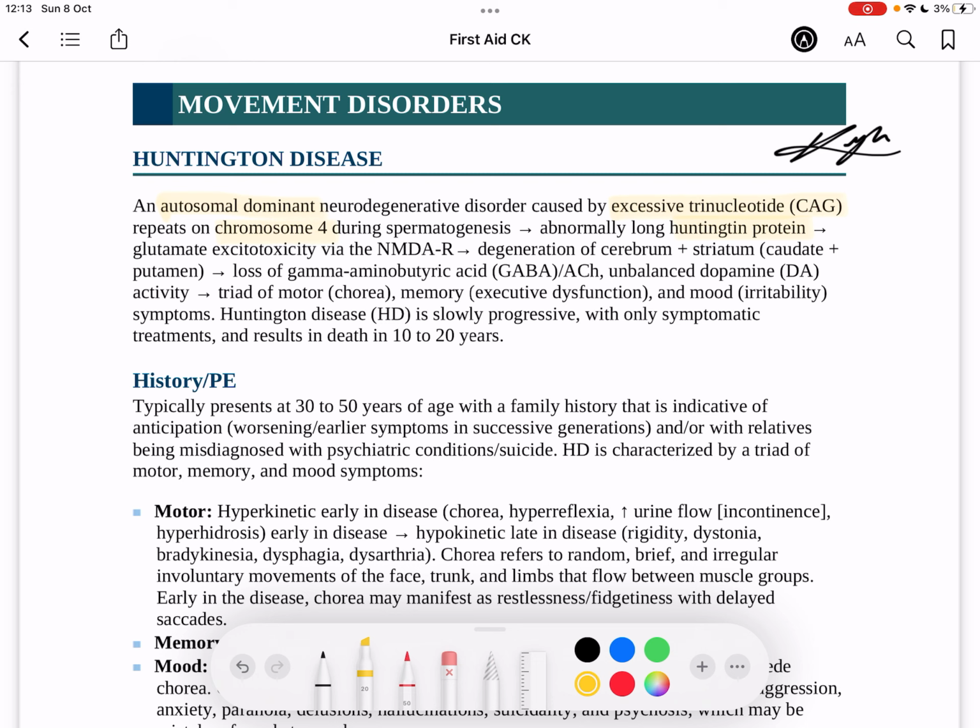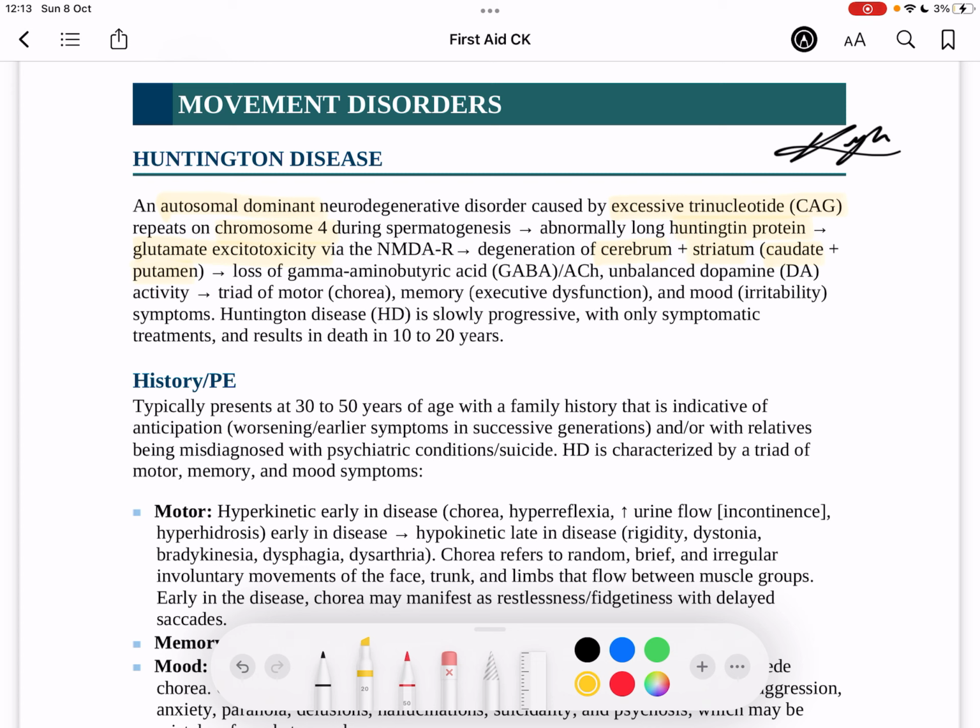This protein becomes dysfunctional, it builds up in neurons, and it causes a glutamate exocytotoxicity via the NMDA receptor, and that will then cause degeneration of parts of the brain such as the cerebrum, but most commonly the striatum, including the caudate and the putamen. So these are the areas that are most affected in people with Huntington's disease.